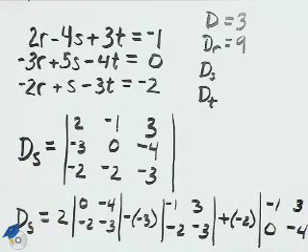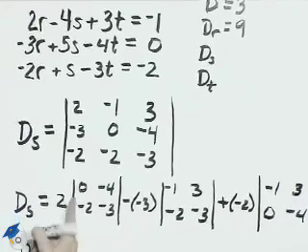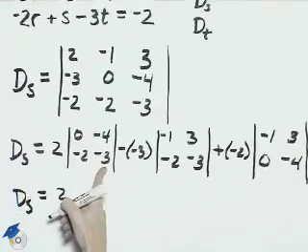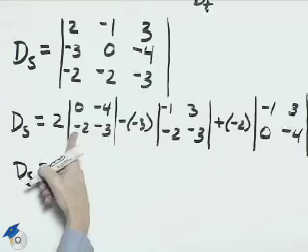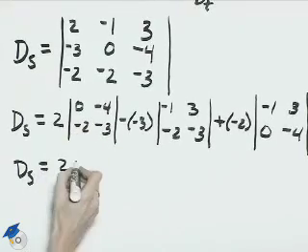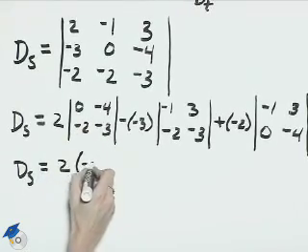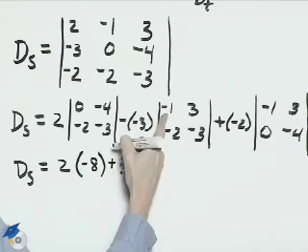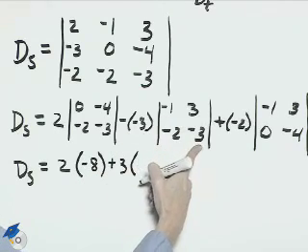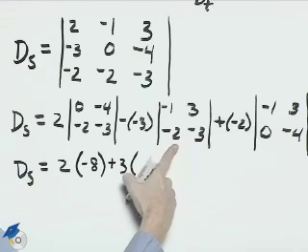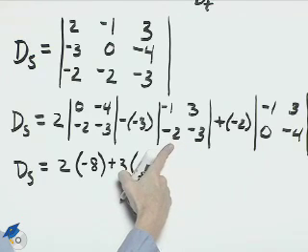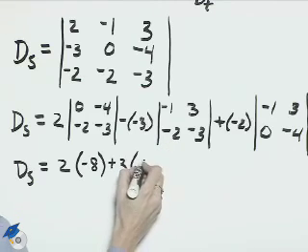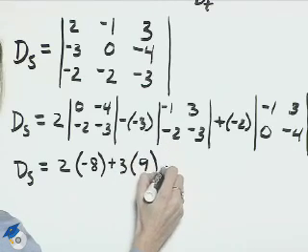We'll evaluate each of these determinants now. D sub S equals 2 times the quantity 0 times negative 3, which is 0, minus negative 2 times negative 4, and that will be negative 8. Plus 3 times the quantity negative 1 times negative 3 is positive 3. Positive 3 minus negative 2 times 3, that will be a positive 6, so it's 3 plus 6, which is 9.